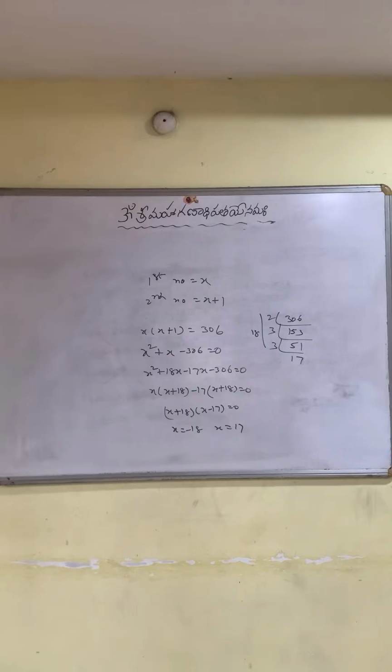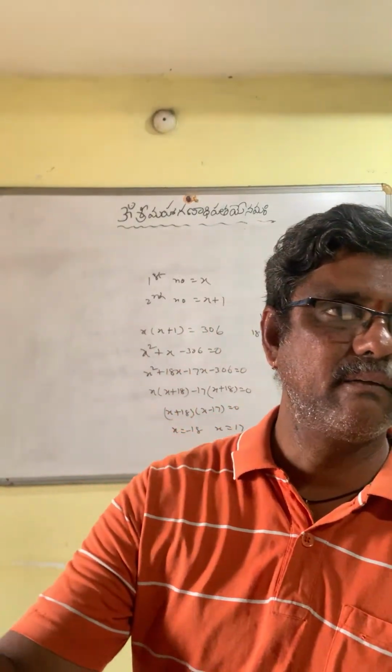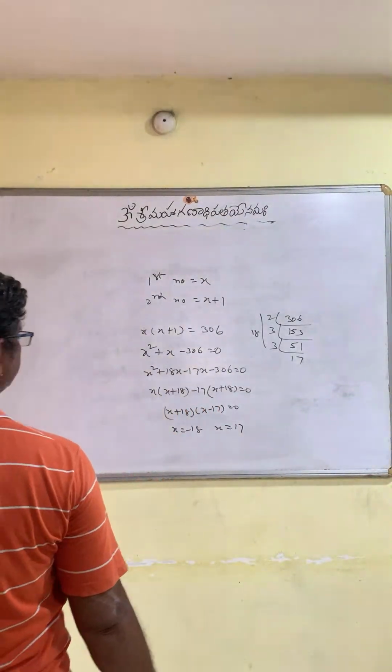It is clearly said that both the numbers are positive integers, so we cannot consider negative 18. We'll consider only positive 17. If the first number is 17, the second number will be 18. So the two consecutive positive integers are 17 and 18.